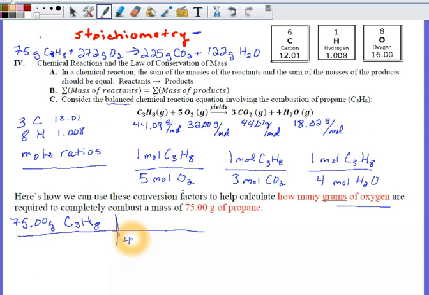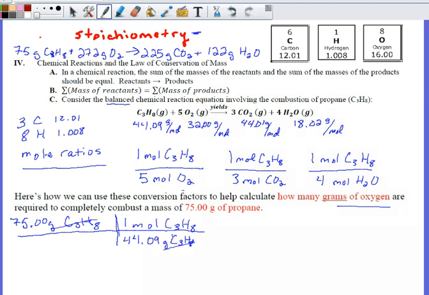You're like, okay, 44.09 grams of C3H8 is 1 mole of C3H8. And that lets you get to moles. You have to get to moles of this one reactant before you can start talking about this other reactant.